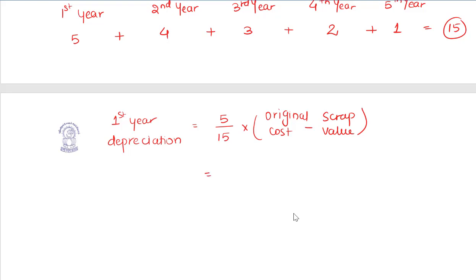Kindly calculate it fast. So 5 divided by 15 multiplied by the original cost, which is 2 lakhs, minus the scrap value, which is 20,000.